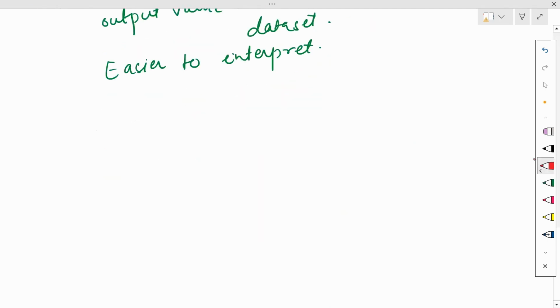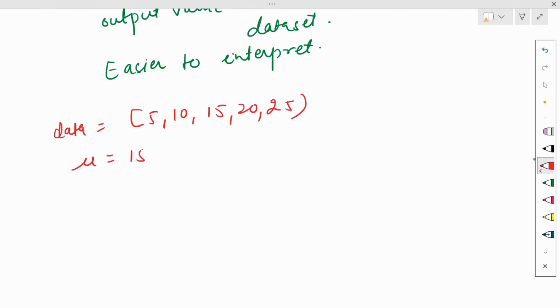Let's take an example. If we have data like 5, 10, 15, 20, and 25. For this data, our mu will be 15, which is also called population mean.